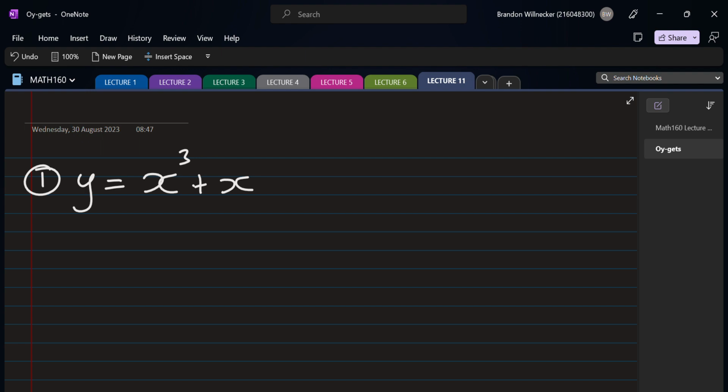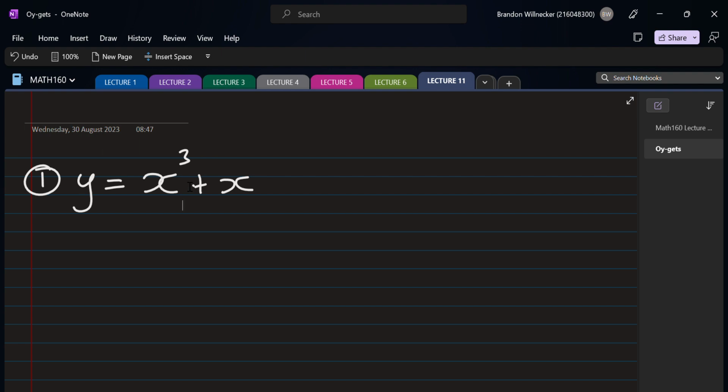We look for the x-intercepts, the y-intercepts, intervals of increase, decrease, turning points, and asymptotes. Now here, it's just a polynomial, so we know there's not going to be any asymptotes. We don't need to worry about that. Later on, we'll see if we're dividing by something that could be 0, then we're going to get some asymptotes, but here we don't need to worry. So we can remove that from the list.